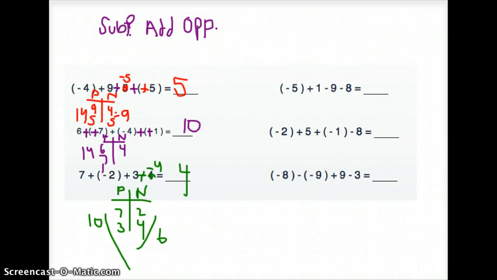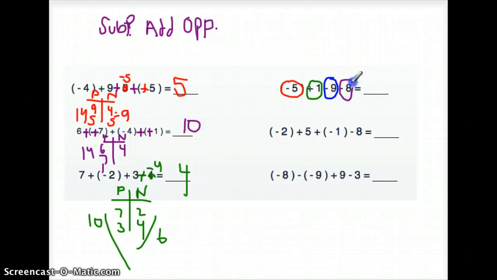Now in class, I showed you the way of just circling. So I'm going to do a couple of the circling. Here we go. Negative 5 is our first number. Positive 1. Negative 9. And negative 8.